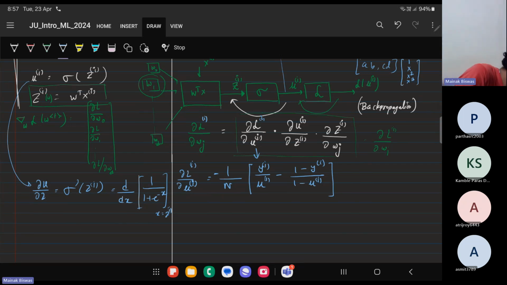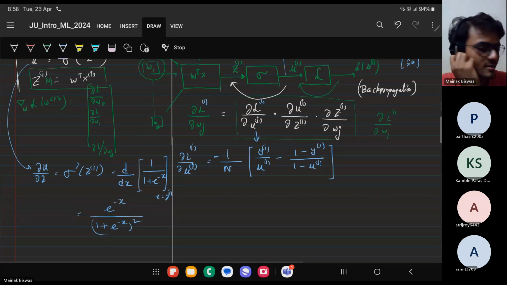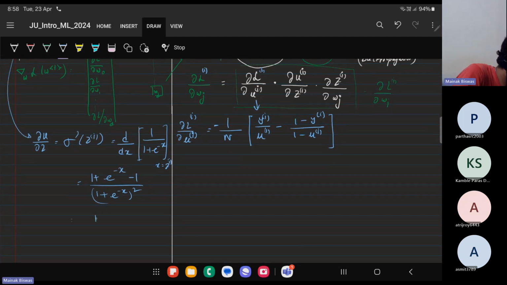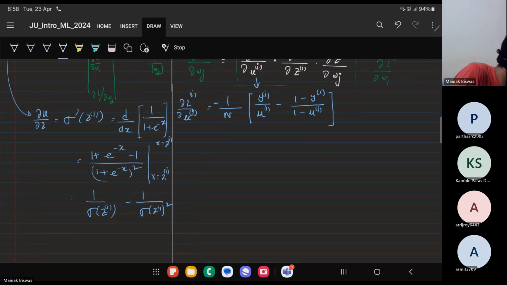So what will this be? Is this correct? So I will add 1 and subtract 1. This will give me 1 by sigma zi minus 1 by sigma zi squared, right?